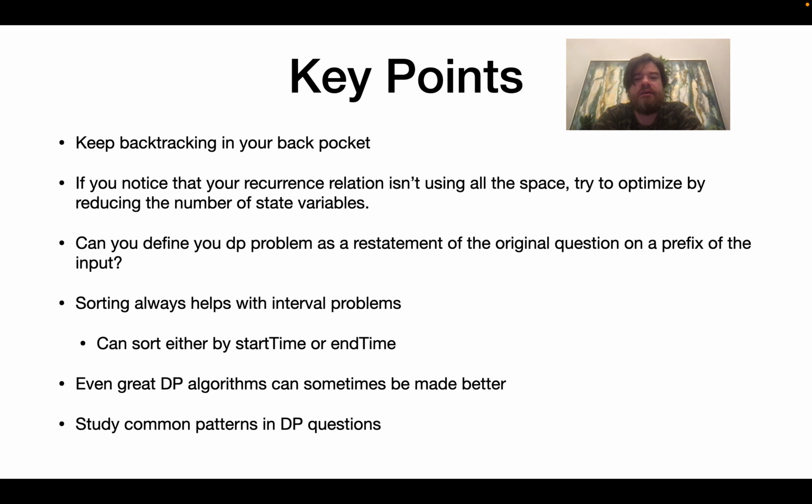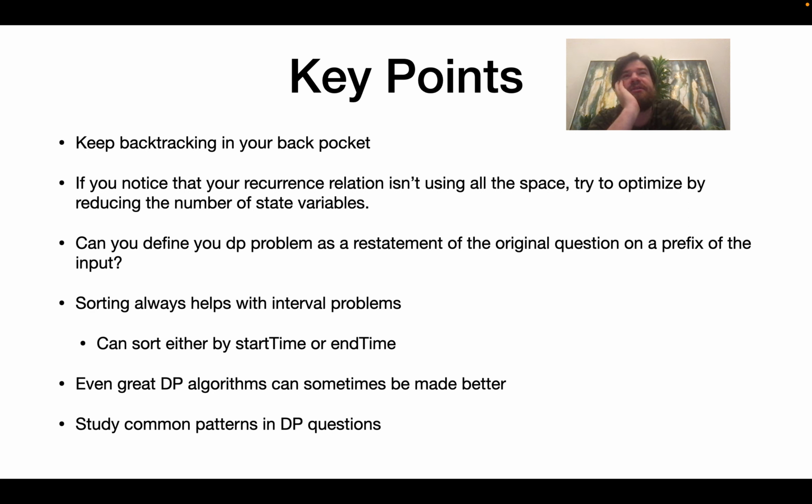A common thing to look for when you implement a dynamic programming solution: if you see that your recurrence relation isn't using the full table at any point in time, you usually can optimize it and reduce the amount of space you're using. For instance, like a Fibonacci algorithm, right?